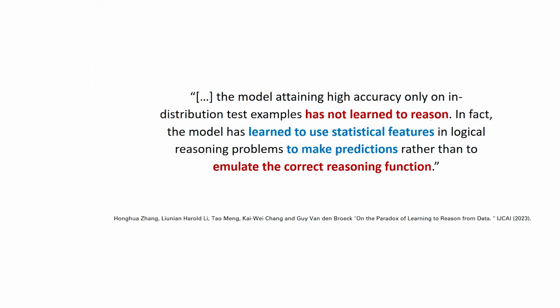But a machine learning model, or at least these models, do not have the ability to do that. They can look at the statistical correlations between what they have seen previously and do something similar, but they cannot exactly emulate the right reasoning function when you have a test data point.